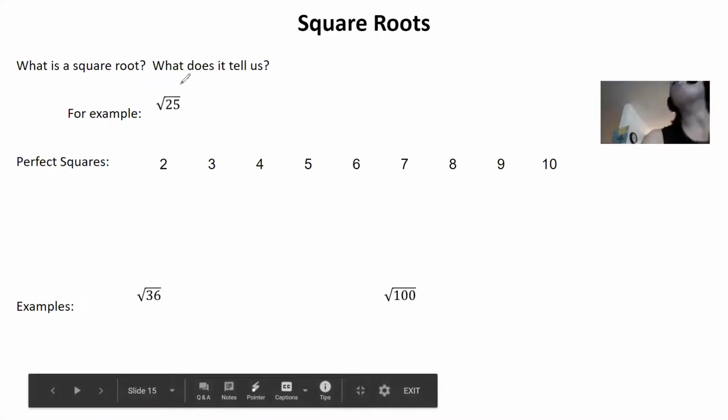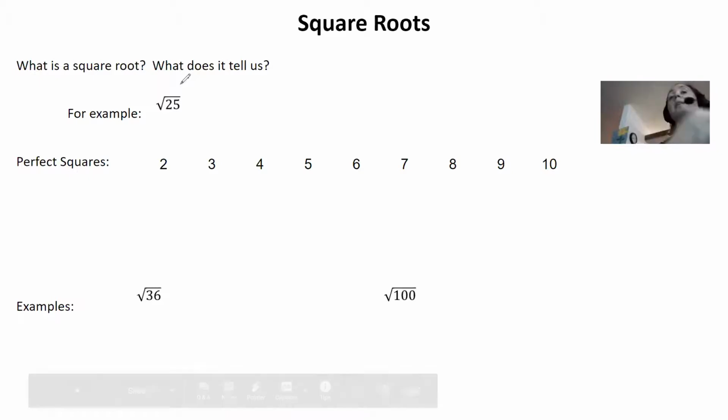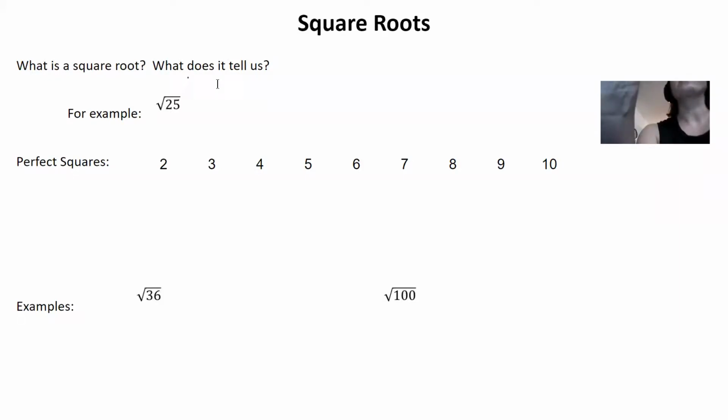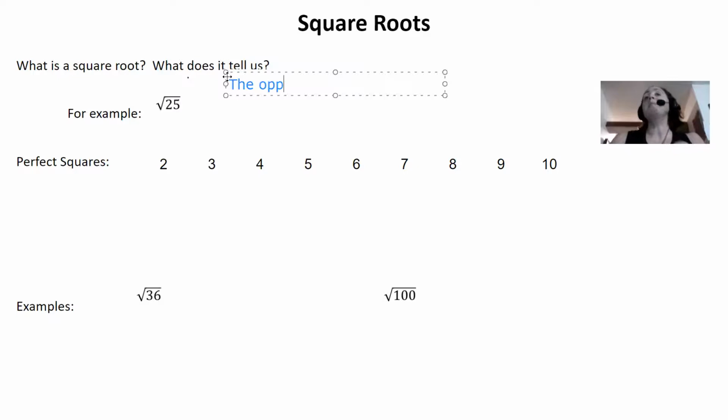Okay, so a square root is going to be opposite. You're figuring out what was squared. Square root is the opposite of squaring a number.